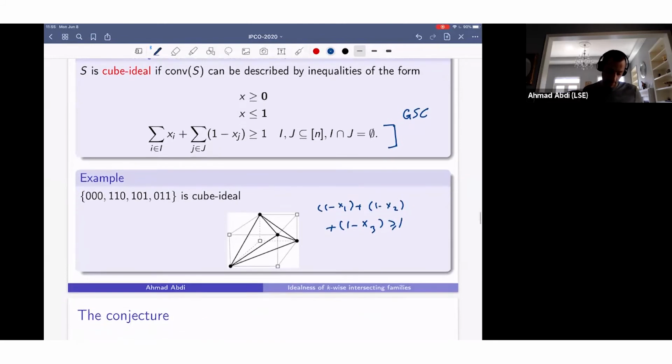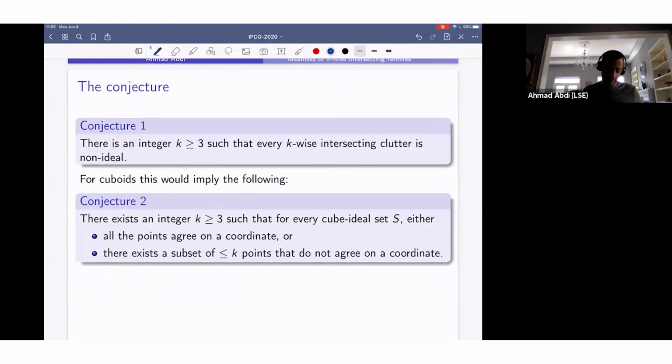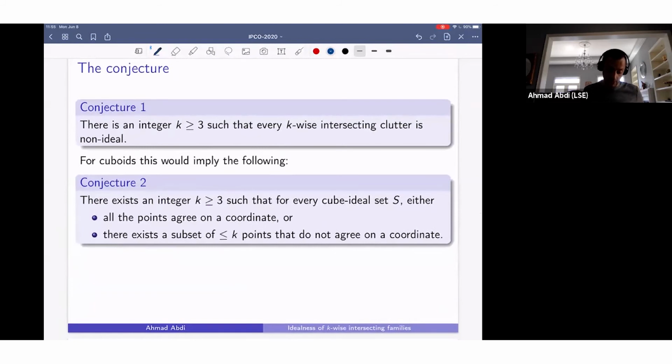Okay. And the conjecture phrased in terms of cuboids tells you that whenever you give me a cube ideal set, either all the points agree on a coordinate or there's a subset of at most k points that don't agree on a coordinate. All right, so here I've written the contrapositive of the conjecture for cuboids.